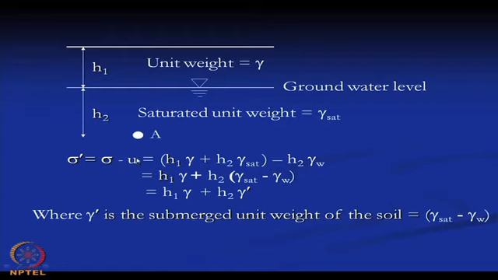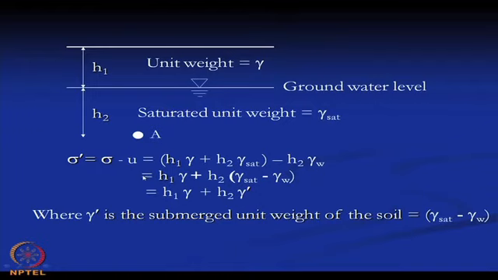The pore water pressure at point A, which is at a depth of H2 from the water surface, can be determined as H2 into gamma W, where gamma W is the unit weight of the water.